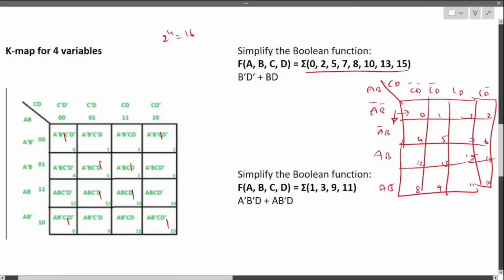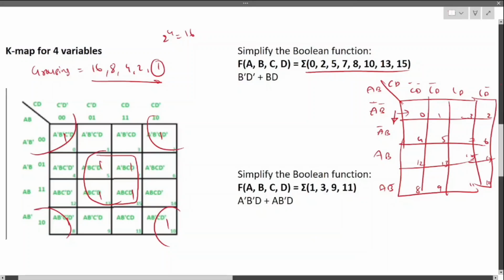Here you need to follow the rules: if possible, group the entire 16 boxes, or 8, or 4, or 2, and in the last case 1. These are the grouping rules. So 16 is not possible here. Let us take this group, and you can also take a group like this, first grouping and second grouping.